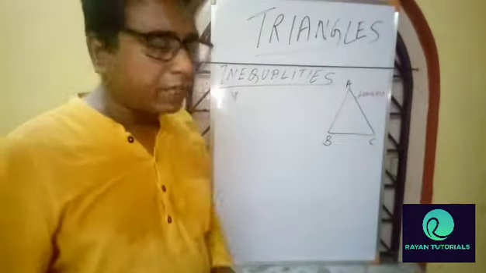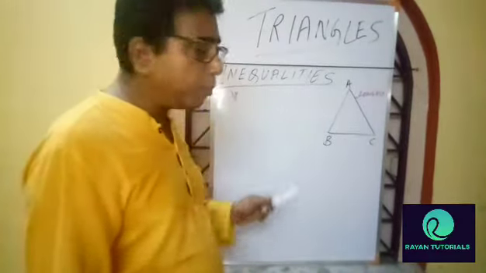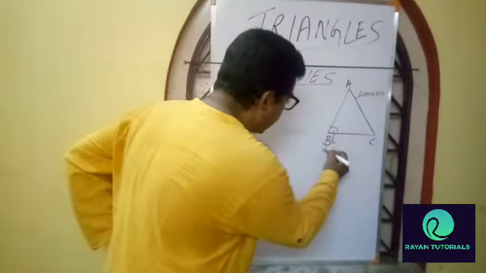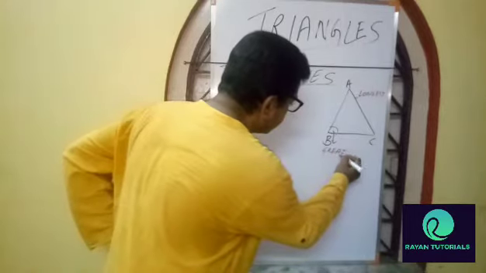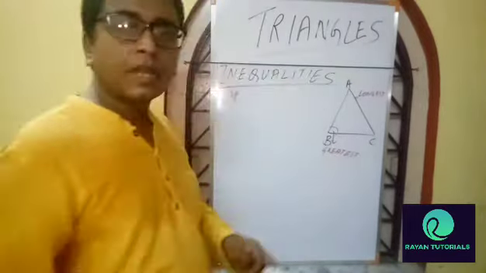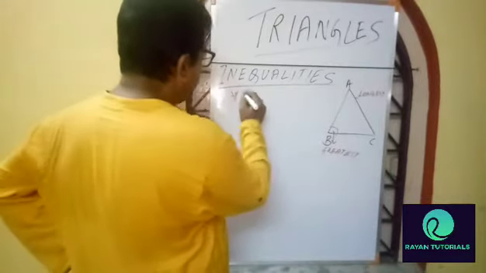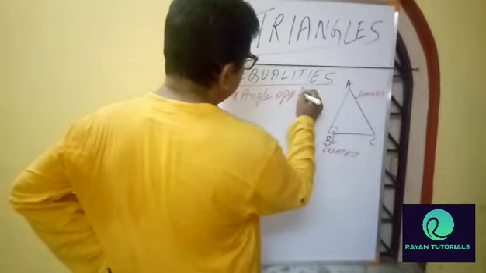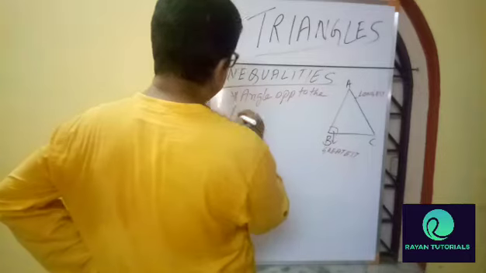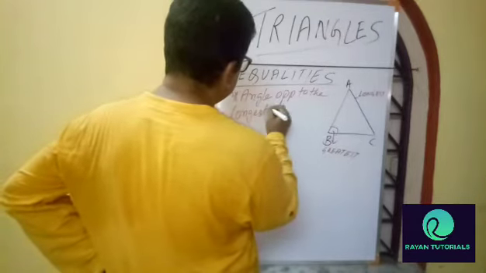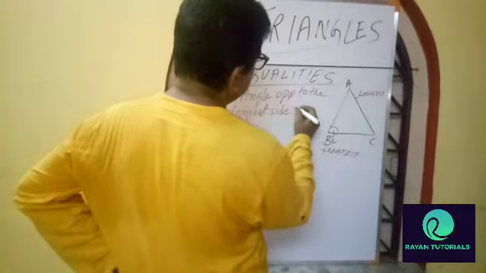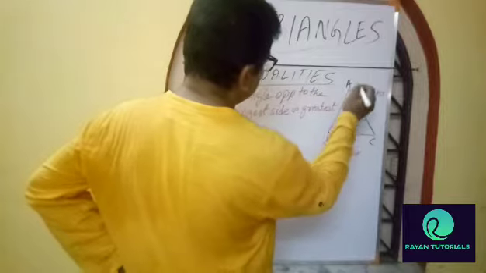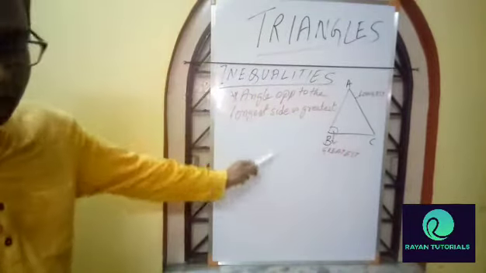Then according to my inequality theorem, the angle opposite to the longest side will be the greatest angle. Understood? So the angle opposite to the longest side is greatest. Note it down.